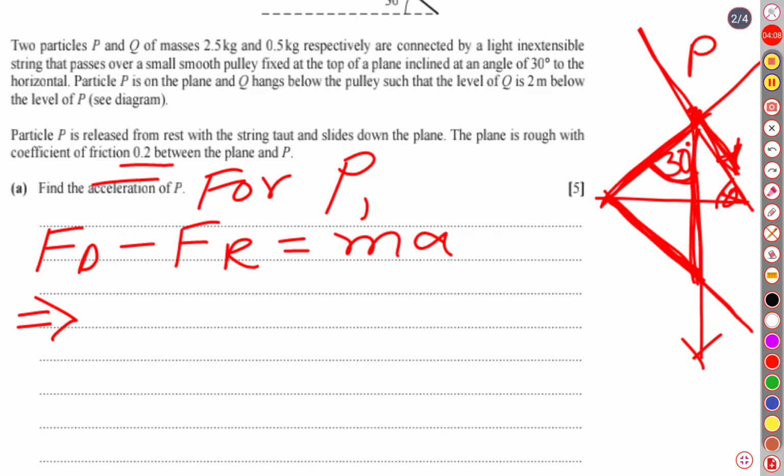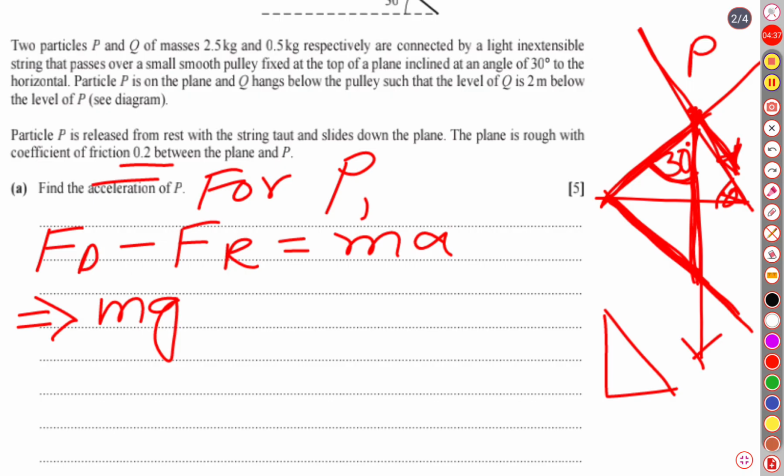So if we calculate this, we will find W is our mass into acceleration due to gravity, that is mg. As we don't need the weight itself, we require the component along the plane.